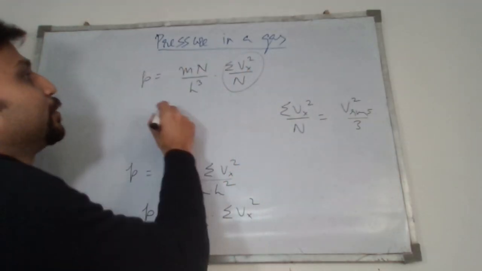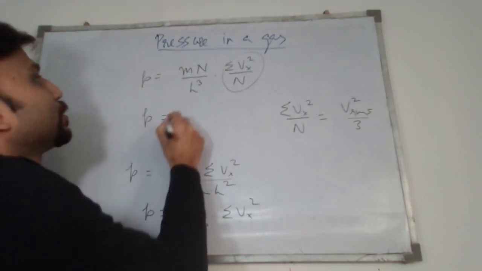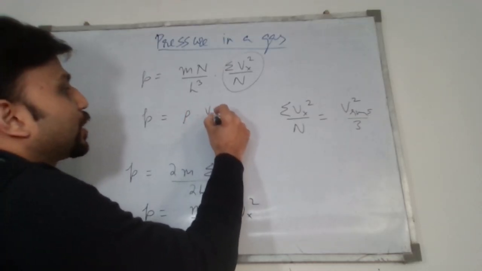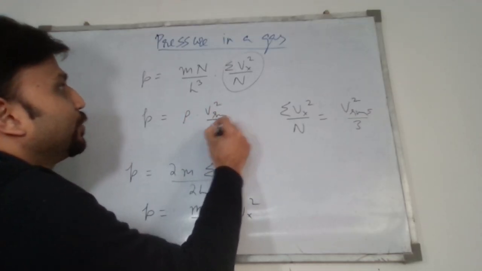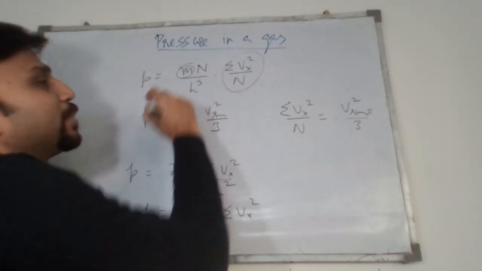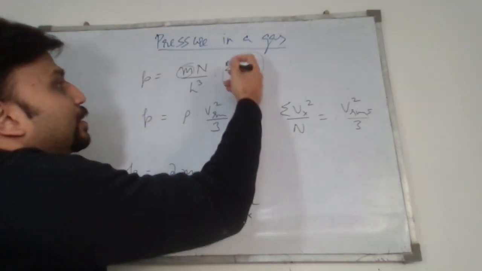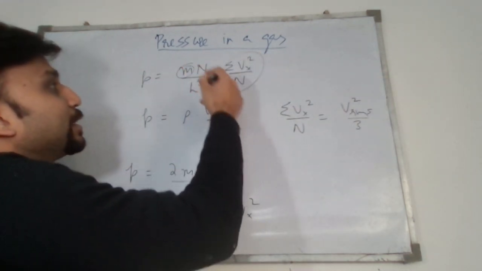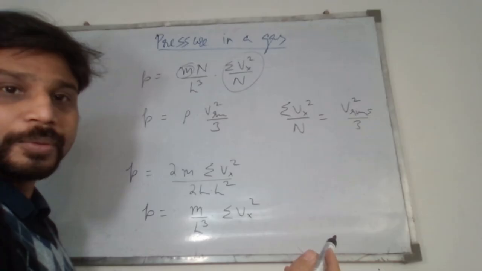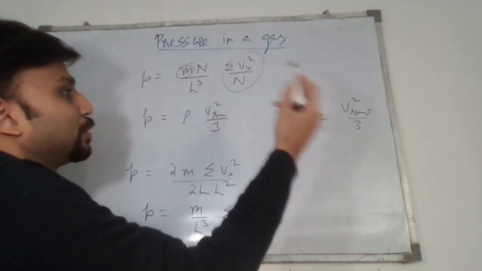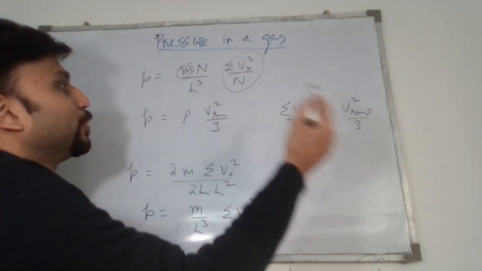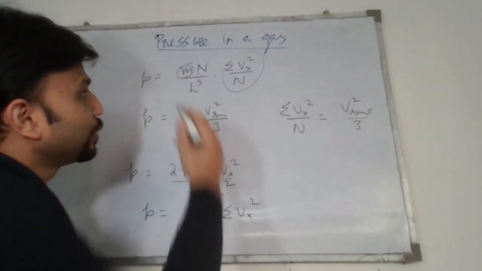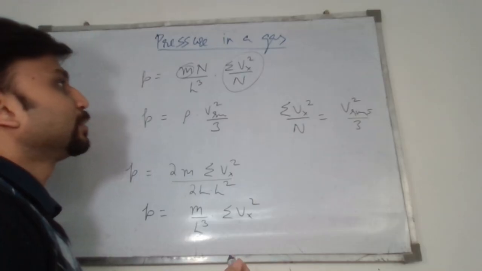So we'll just put that value over here. So this is simply density into Vrms square upon 3. Here m is the mass of a single particle and n is the number of molecules in the gas, so m n is the total mass of the gas divided by L cube, the volume of the container. Mass of the gas divided by volume is equal to the density of the gas.